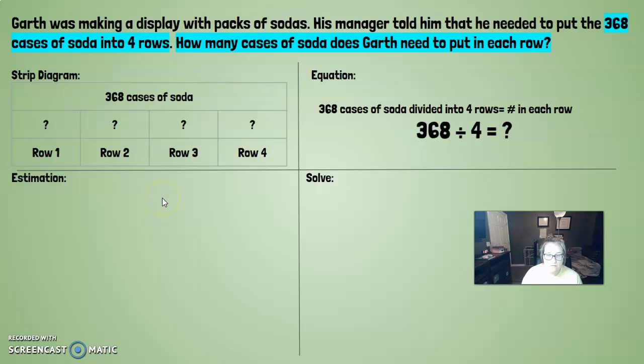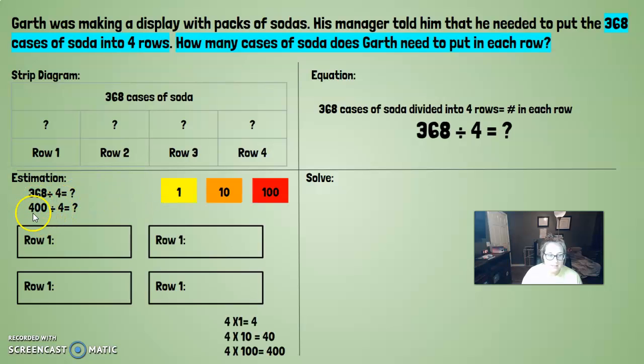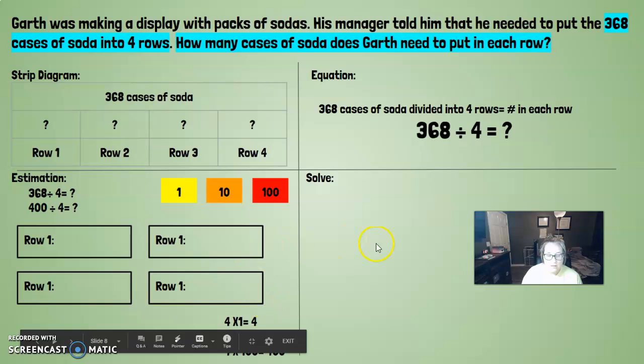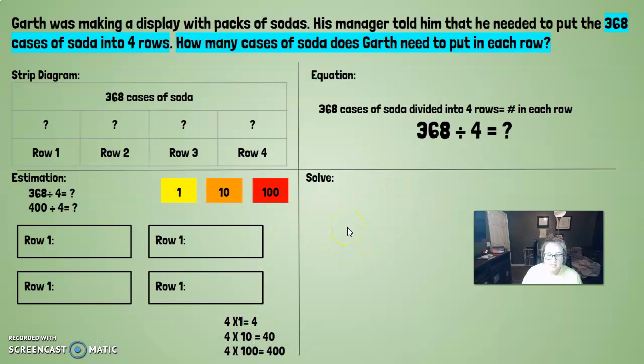So I have 368 and I'm going to divide it into 4. Well, I know that 368 is pretty close to 400. So I'm going to say 368 is about 400, and I'm still going to divide it by 4. I know that 4 times 1 is 4, 4 times 10 is 40, and 4 times 100 is 400.